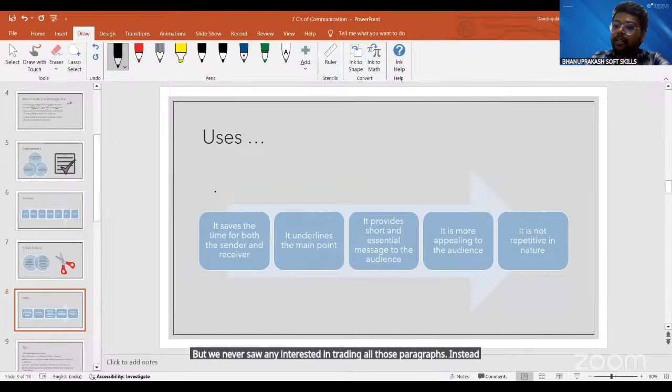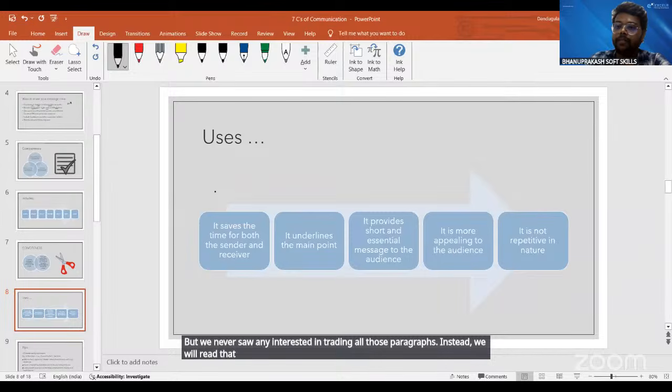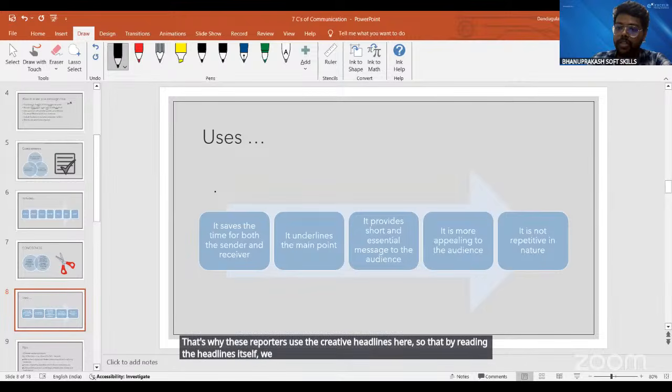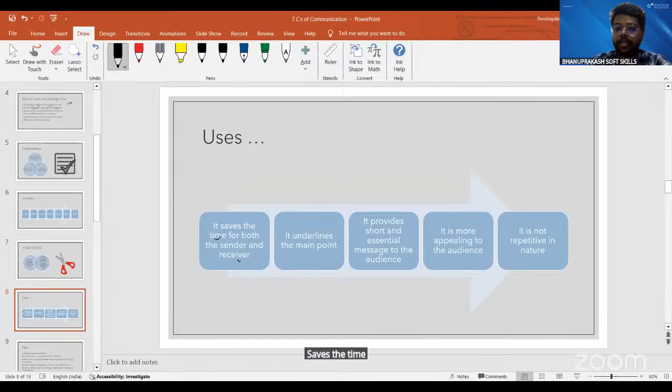Instead, we read the concise headline. That is the exact reason why, if you observe the newspaper, the headlines are very creative, as they cover everything. Reporters use creative headlines so that by reading the headlines itself, we understand the whole situation. That is how whatever you speak should look, as that saves time for you as well as the receiver.